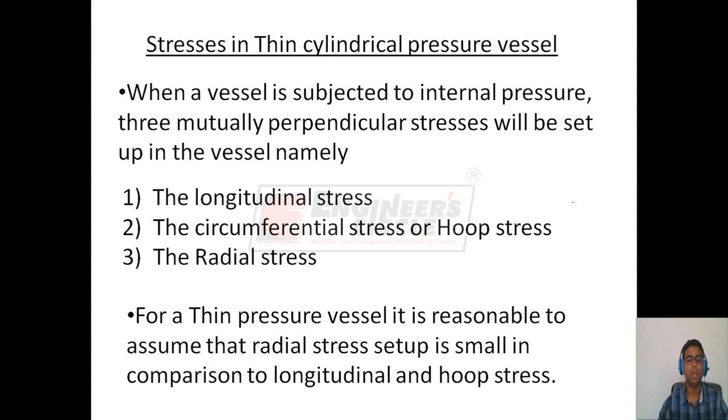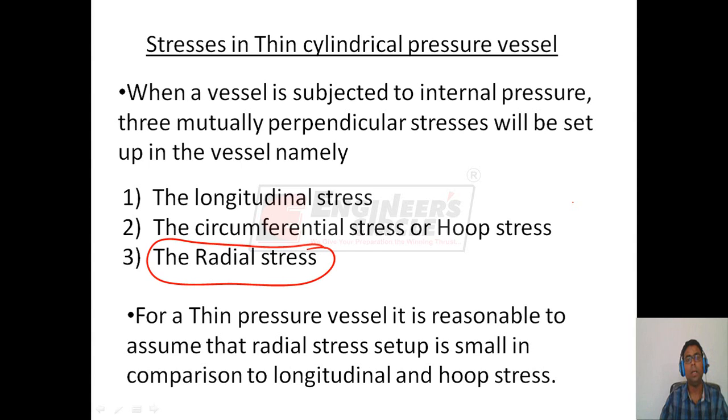For a thin pressure vessel, it is reasonable to assume that radial stress setup is small in comparison to longitudinal and hoop stress. So for analyzing thin pressure vessels, we will be assuming that the radial stress is negligibly small.